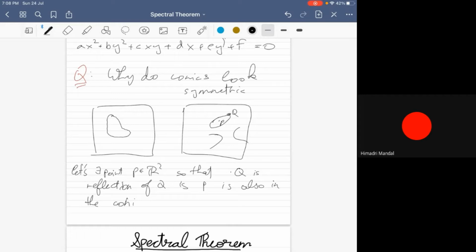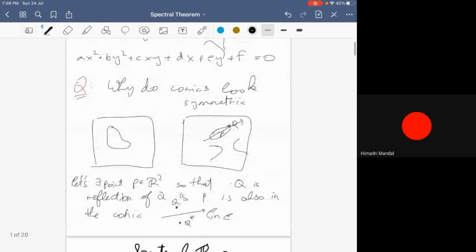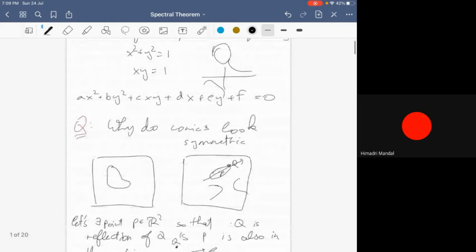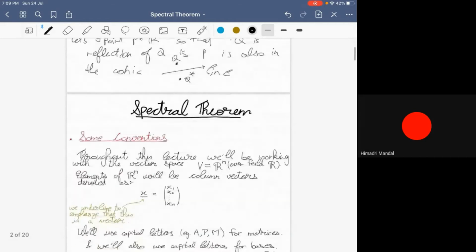And similarly for line symmetry, why does there exist a line such that if a point is in the conic, then the reflection about that line is also in the conic? So this will be the main motivation for the spectral theorem.